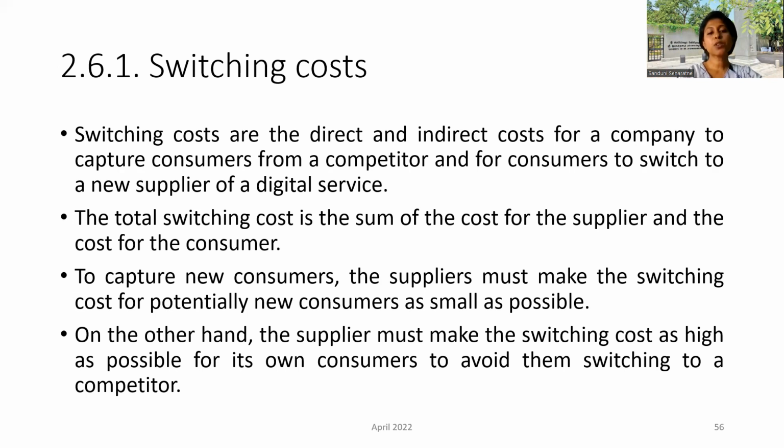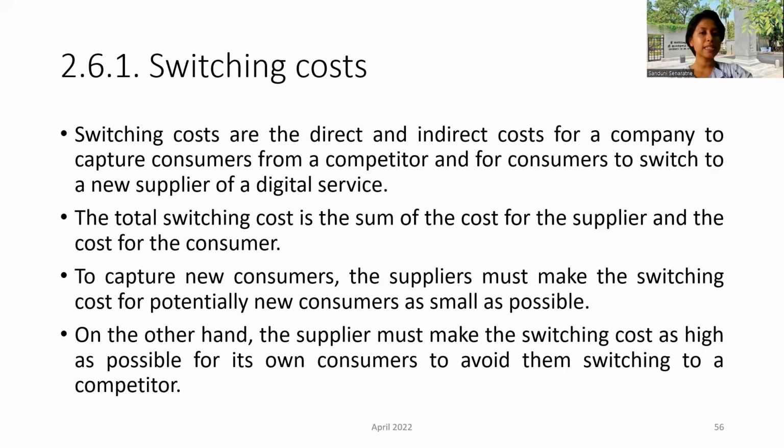The total switching cost is the sum of the cost for the supplier and the cost for the consumer. So the total switching cost in a given scenario is the cost incurred from the point of the supplier as well as the cost incurred from the point of the consumer. To capture new consumers, the suppliers must make switching cost for potentially new consumers as small as possible.